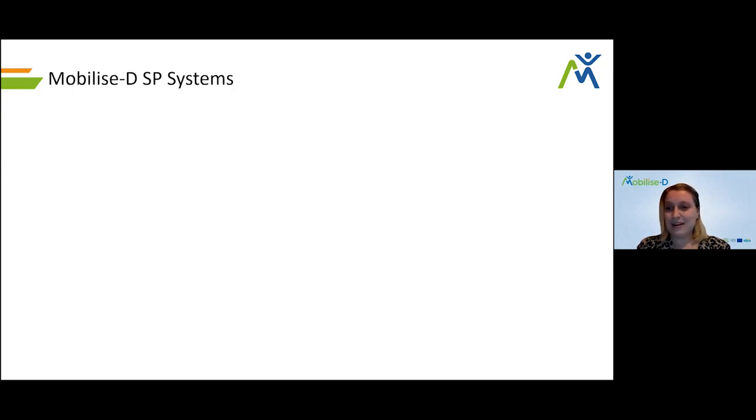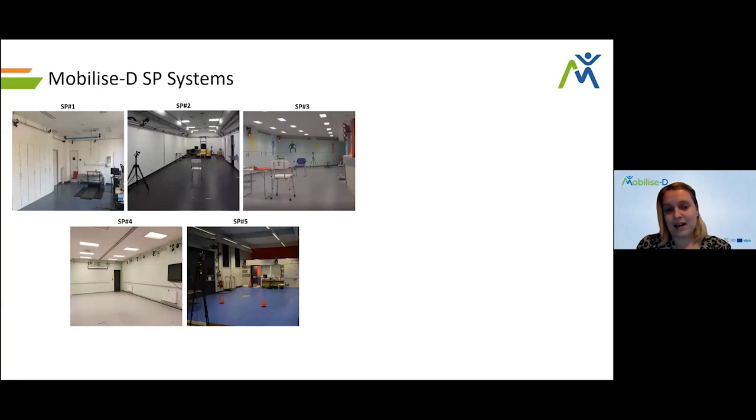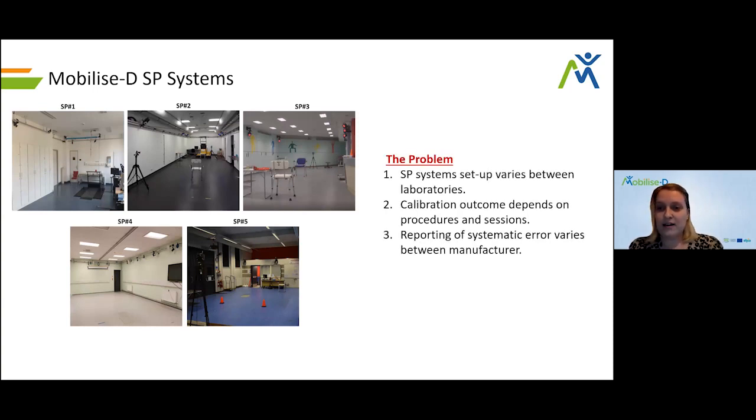However, within Mobilise-D, although we're happy that this is our gold standard, we do have a little bit of a situation in the sense that we're not just using one SP system, we're actually using 5 SP systems. So although in an ideal situation we can have sub-millimeter accuracy, we are aware of the fact that environment as well as the system used and its setup can have an effect on these errors, as well as the calibration outcome and the session as well.